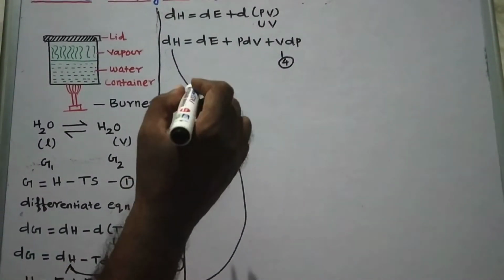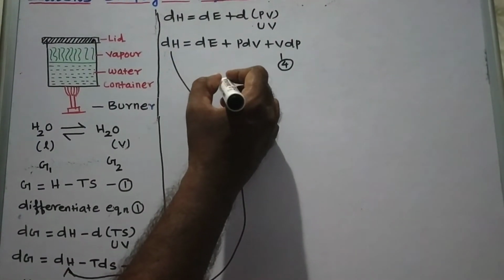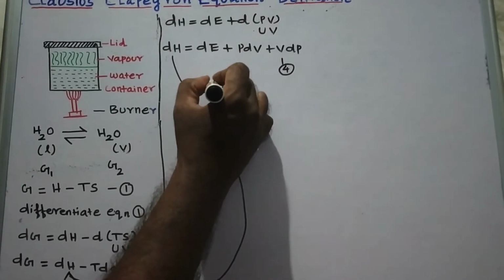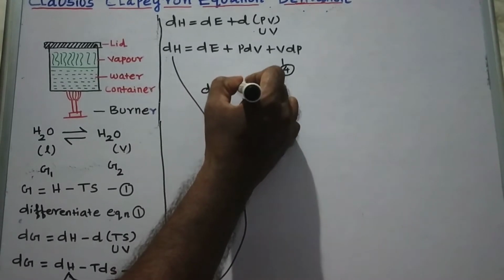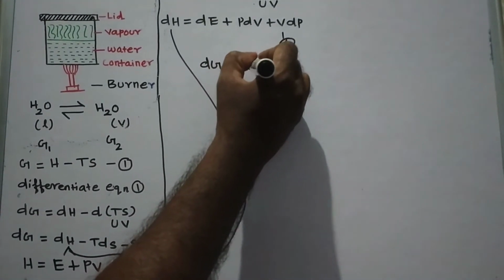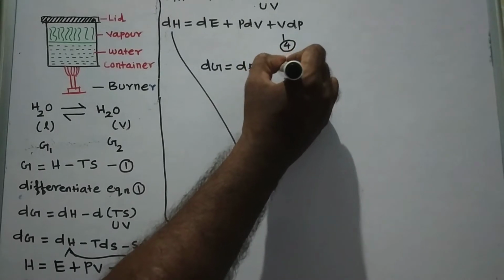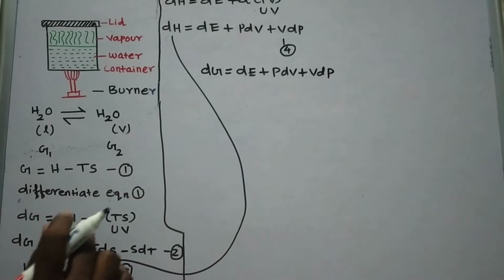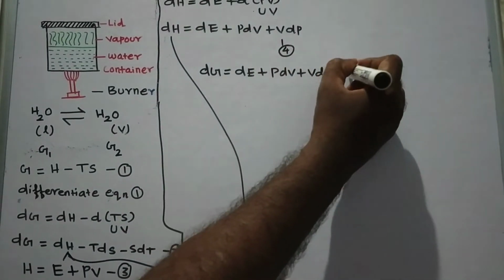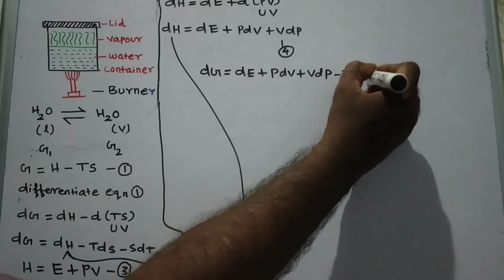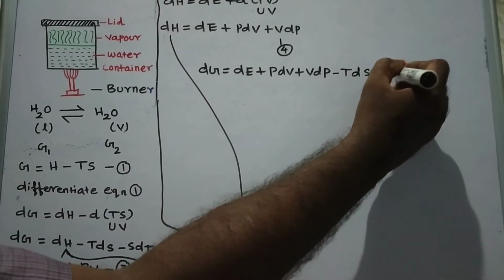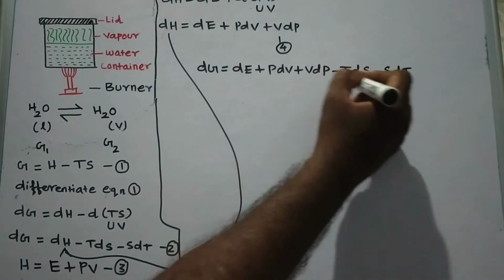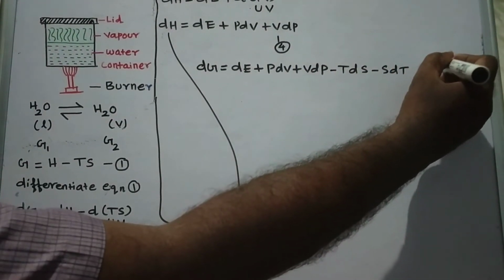Then it becomes dG is equal to dE plus P dV plus V dP minus T dS minus S dT. Okay, this is equation number 5.